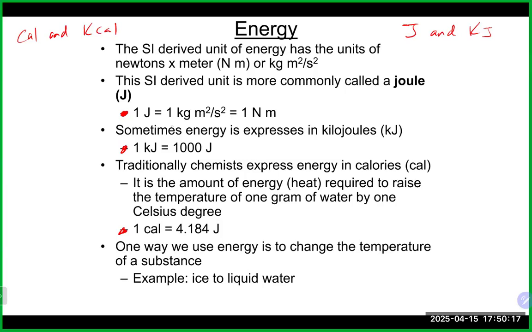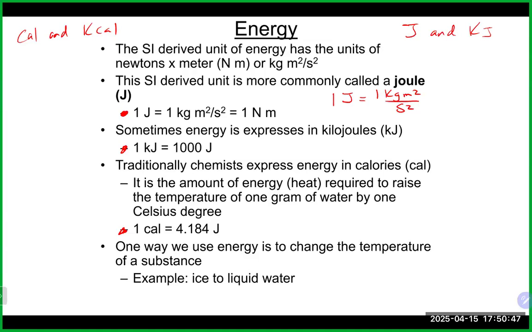This relationship does pop up, and maybe you saw it last semester: 1 joule is equal to 1 kilogram meter squared per second squared. So that is a conversion that sometimes does pop up. There are obviously 1,000 joules in a kilojoule. A calorie, which in this case is a lowercase c calorie, is basically the amount of energy required to raise 1 gram of water by 1 degree Celsius.